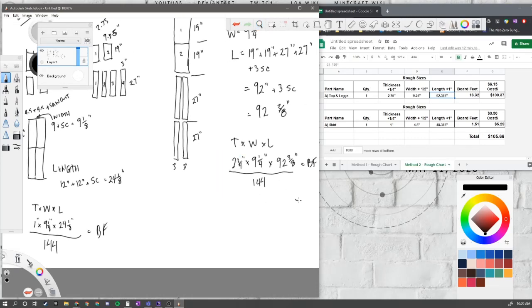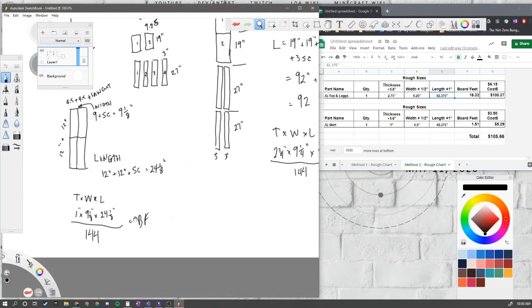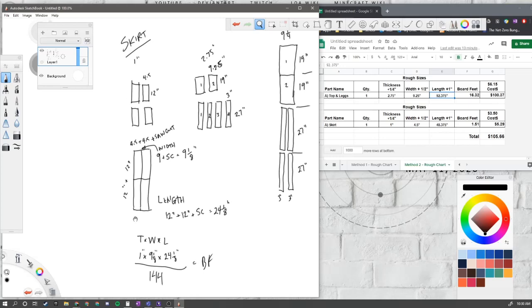Okay, then that's going to equal 16.32 board feet. Okay, and then this one is, oh, I think we might have made a mistake here, guys, or I might have made a mistake. This is supposed to be, oh no, this is the skirt. What did I do? How did I get 9 3/4? Oh, I know what I did.